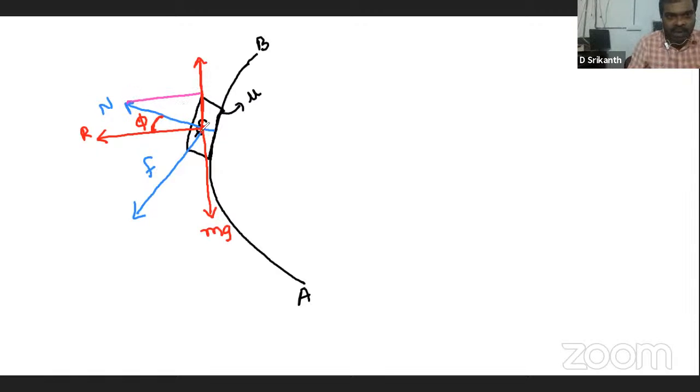Let us consider this point as A, this point as B, this point as C. Now, with respect to the vertical, the normal force is acting at theta. That means at an angle theta, the object is moving. So my angle of banking will be theta, which I should find. And phi is the angle of friction.